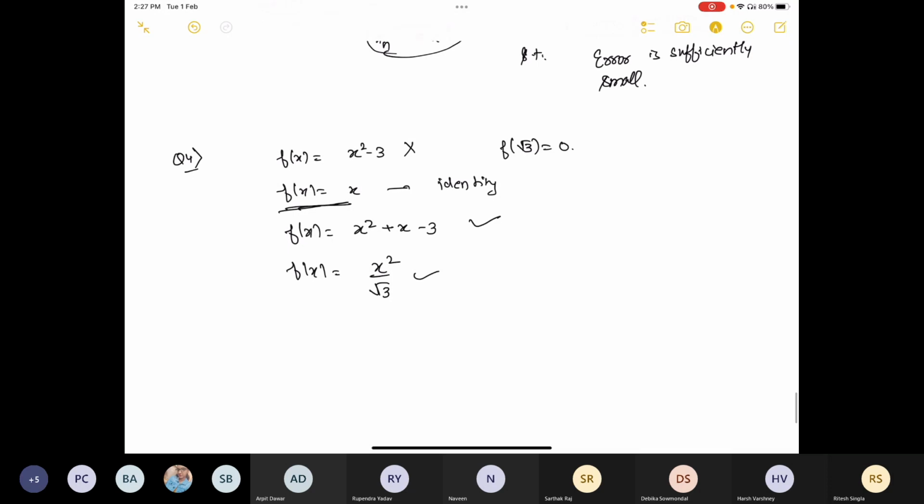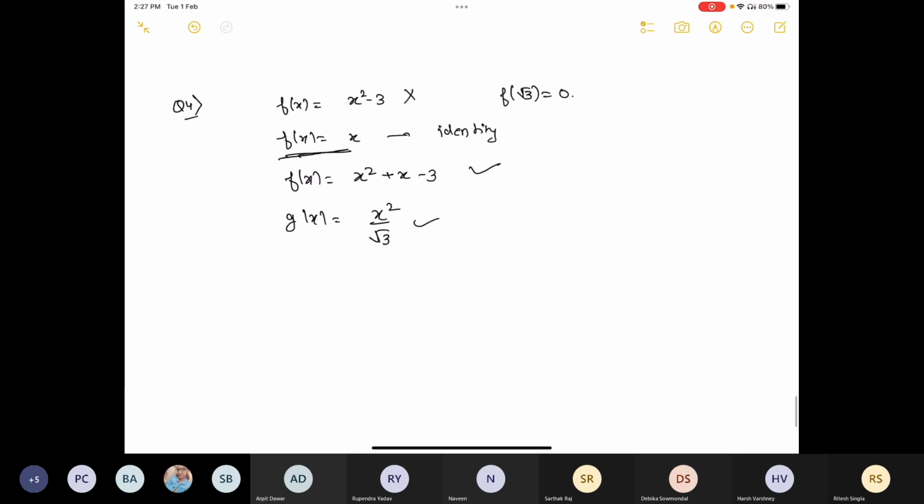Tell me which function we can start with. Make it g. Which function to start with, f(x) or g(x)?